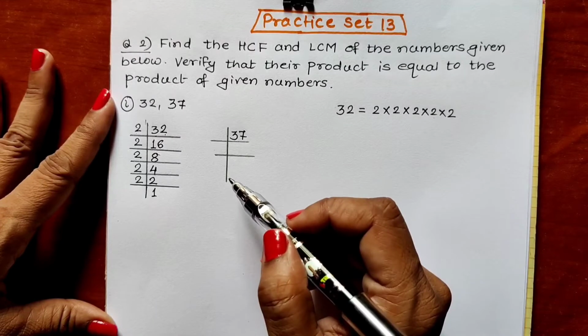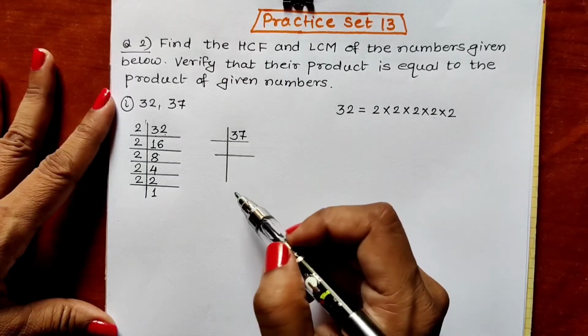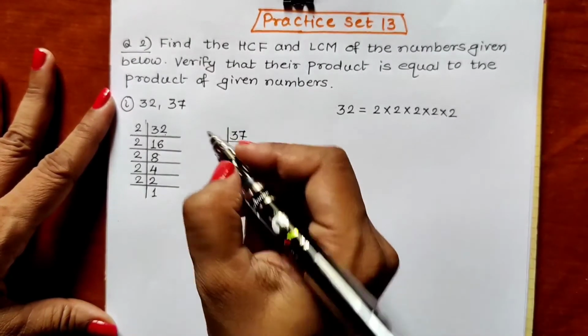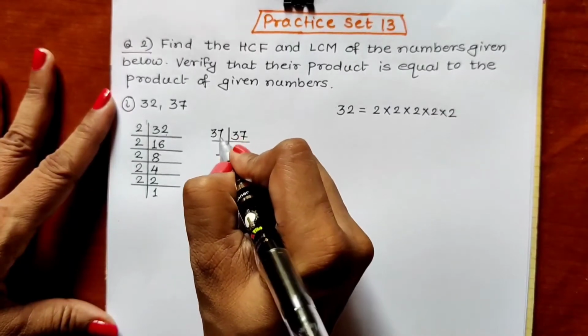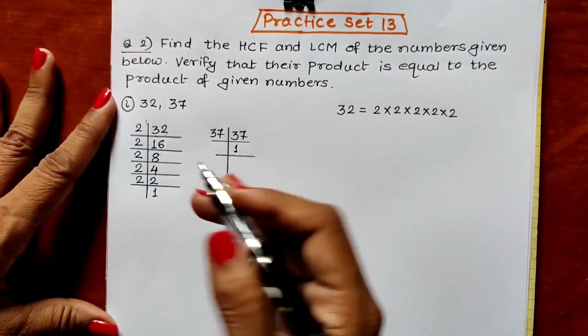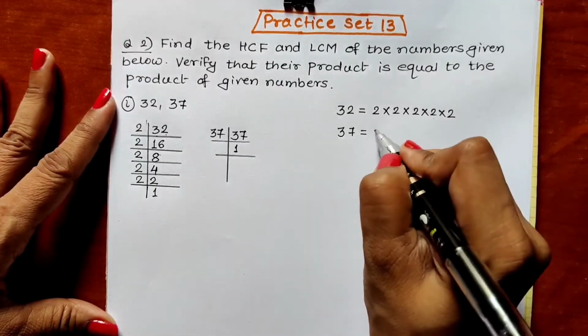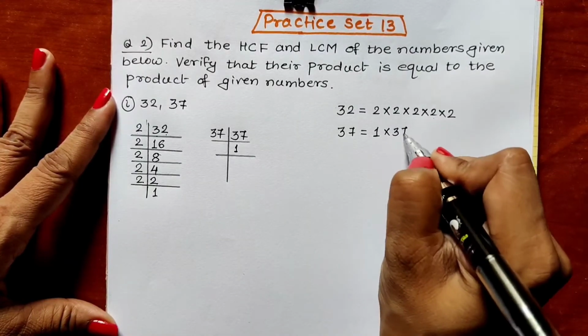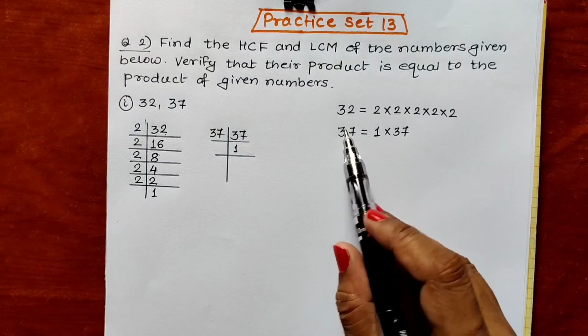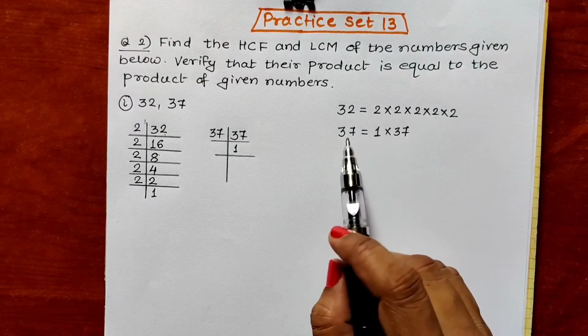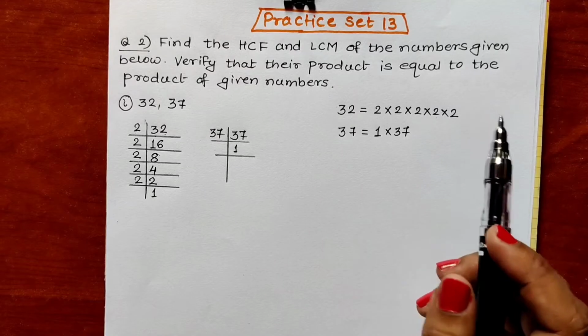It is not divisible by any other number except itself. So 37 is divisible by 37 only, that is 37 ones are 37. So there are no other factors of 37. We can write the factors of 37 as 1 into 37. In this way we have got the factors of 37 as well as of 32.